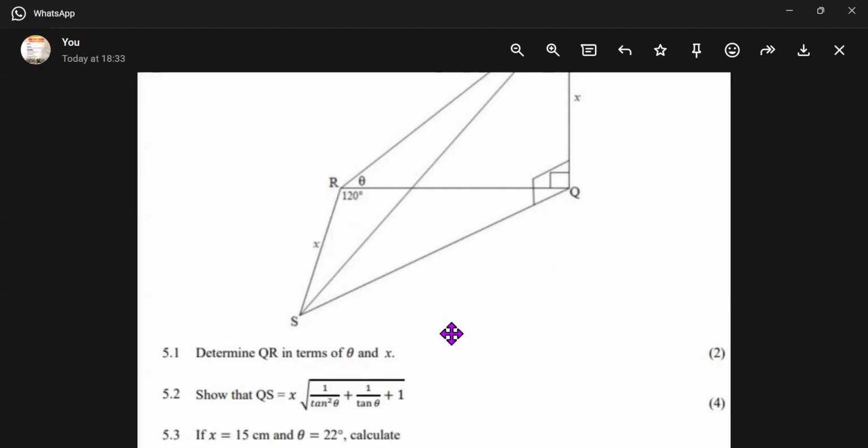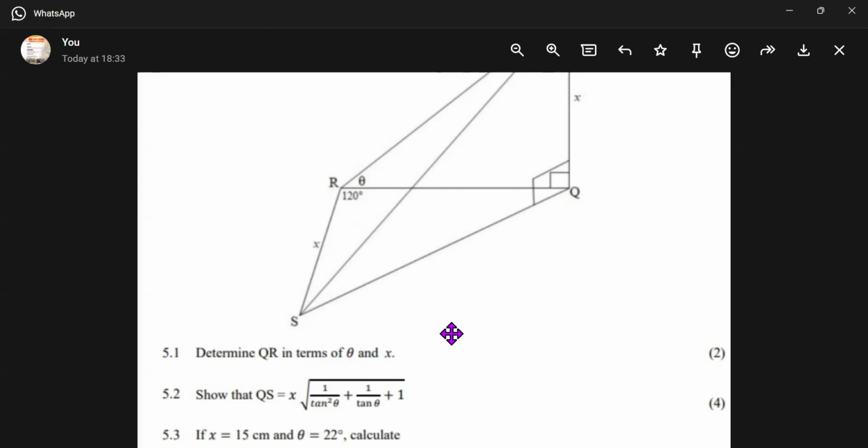But now we can't use the sine rule. Why? Because the sine rule does not have squares. We can only get a square from the cosine rule so that we can find the square root. Do you get that? Without a square, you can't get a square root. So it tells you clearly it can't be the sine rule. Cosine rule is the best way out.